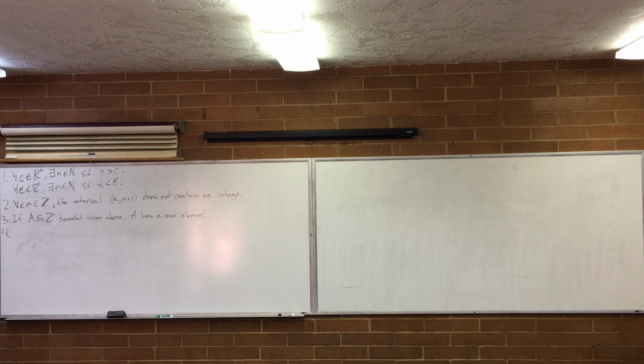What was the next thing we proved? If it's bounded from below and has a least element, that just follows from this, but we didn't need that for where we were going.